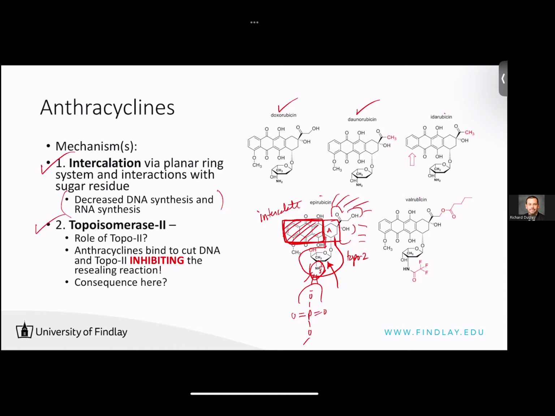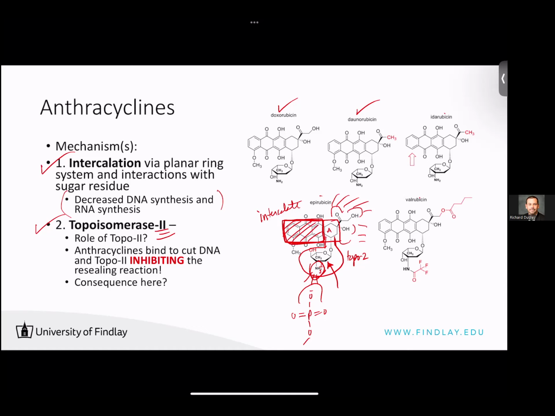What do we really mean when we say inhibiting topoisomerase 2 in particular? Well, remember, topoisomerase 2 is an enzyme in our cells that catalyzes the formation of transient double-strand breaks. The enzyme intentionally cuts the DNA on both sides to help relax the DNA and open up the DNA so we can get some strand passages occurring.